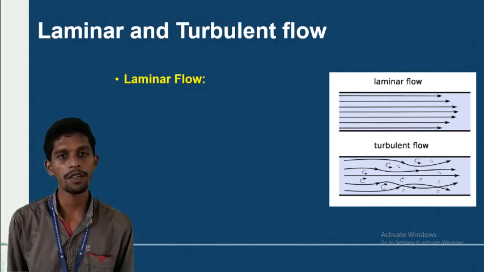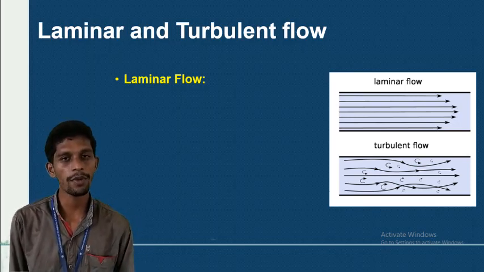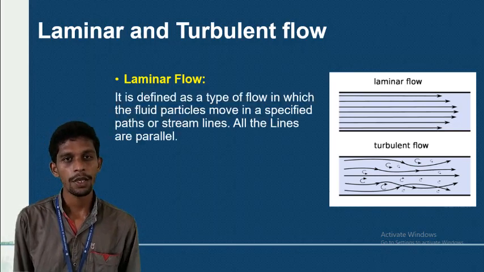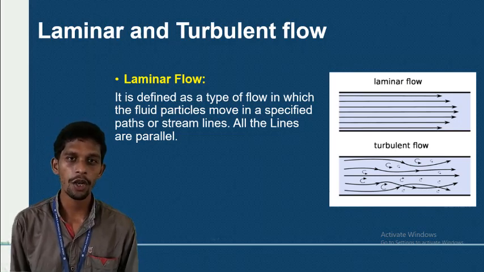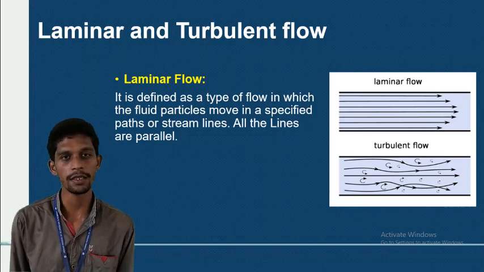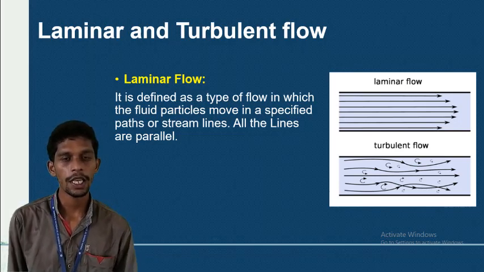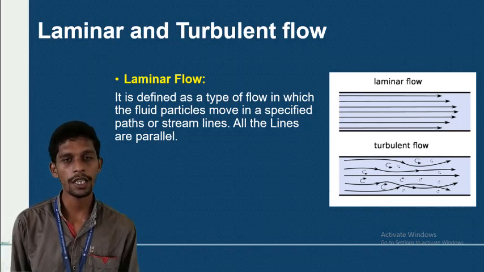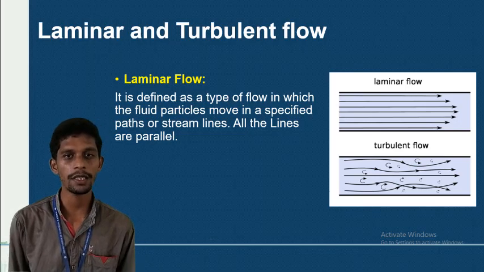So what is a laminar flow actually? Laminar flow is a type of flow in which the fluid particles follow specified paths or specified streamlines. Each particle stays on its own path. That means there is no merging between the two paths.